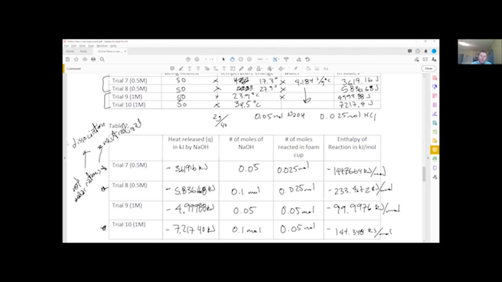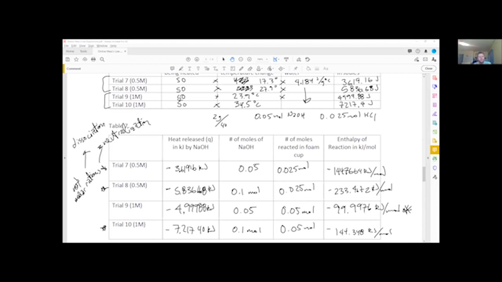So you've got this neutralization event where HCl and sodium hydroxide are going to mix up. They're going to knock one another out. But then you also have a secondary reaction where additional sodium hydroxide is going to be dissociated. If we wanted to look at just the neutralization of that sodium hydroxide, we'd want a perfect molar ratio, in which case we would want trial number 9, because that gives us negative 99.9976 kilojoules per mole.